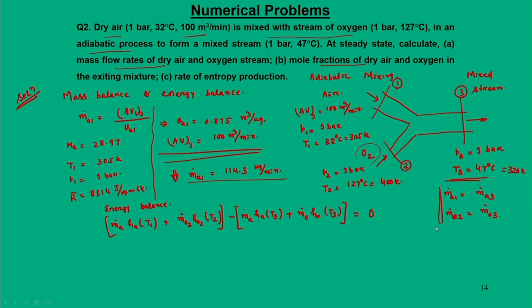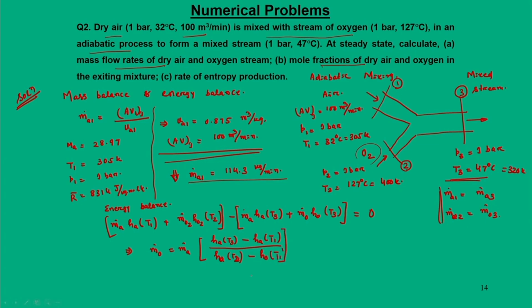So by putting these conditions, this will give you m dot O is equal to m dot A times (HA T3 minus HA T1) divided by (HO T3 minus HO T2).